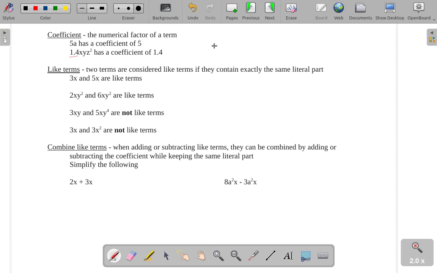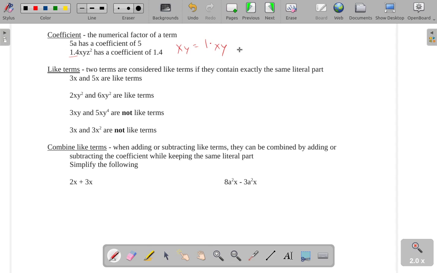If you had something like just xy, and you're asking, what's the coefficient here? There is no numerical factor written explicitly, but remember, when you're dealing with multiplication, you can always tack on a 1 without changing the value. So whenever you see xy, you could call this 1xy.